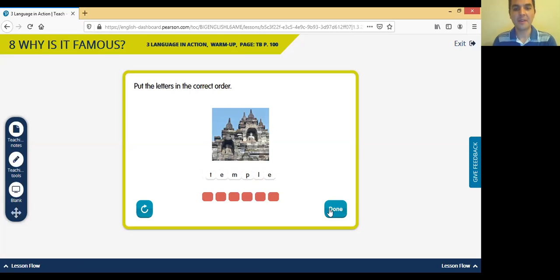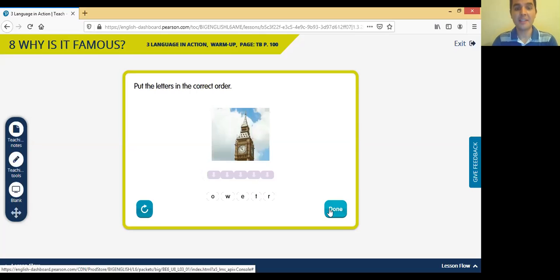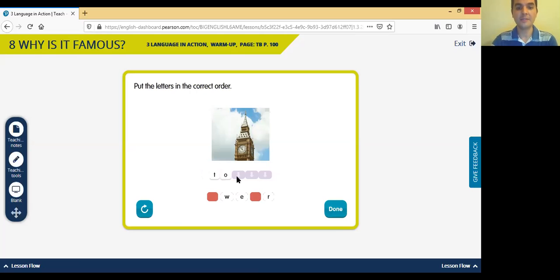Temple. The next image, we got the Elizabeth Tower, which is Big Ben, but we're going to spell tower. T-O-W-E-R. Tower. That's the Elizabeth Tower.